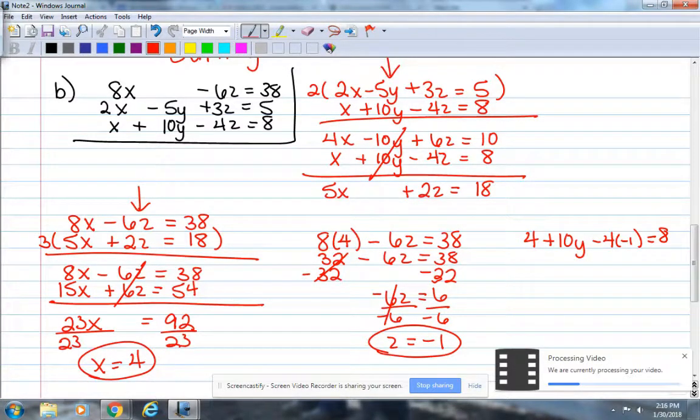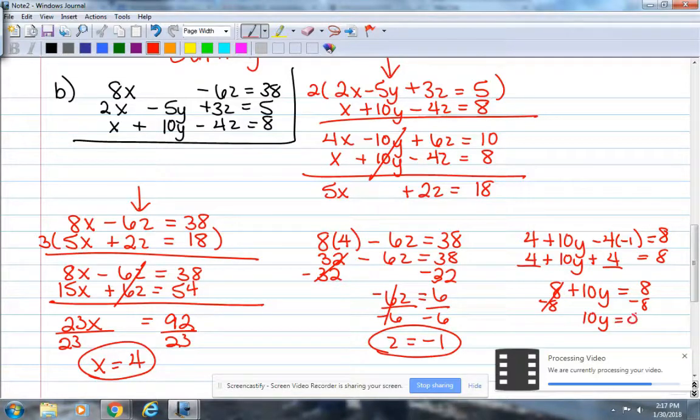And then I got to multiply first. Negative 4 times negative 1 is positive 4. So 4 plus 10y plus 4 equals 8. These two are like terms. 4 plus 4 is 8. So 8 plus 10y equals 8. I subtract 8. 10y equals 0.